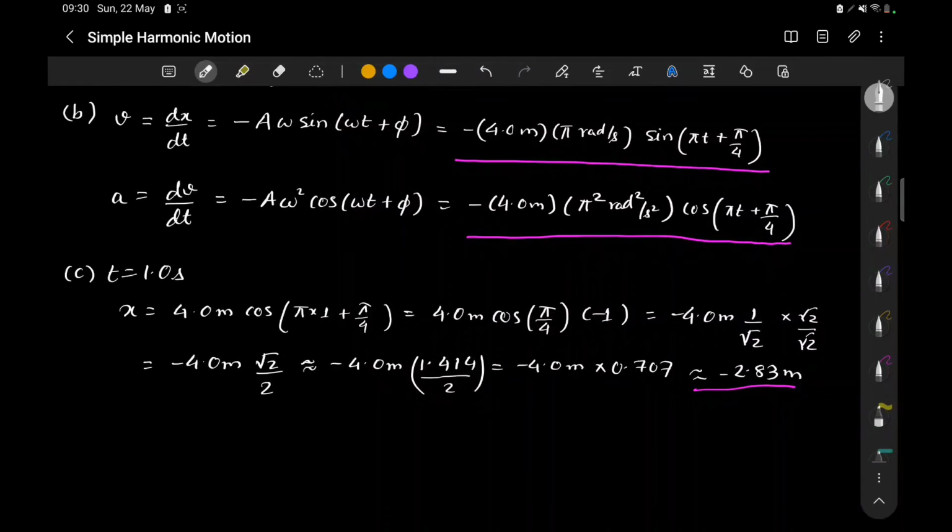Next, we need to find the velocity at t equal to 1. So velocity at t equal to 1 is times pi, sine pi plus pi by 4.